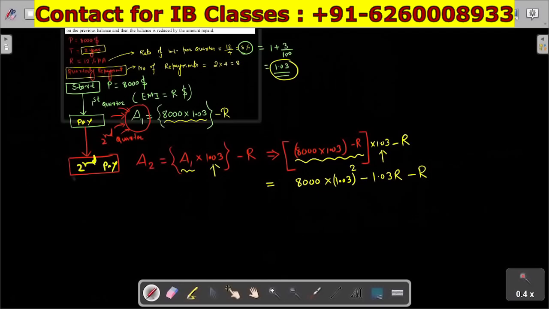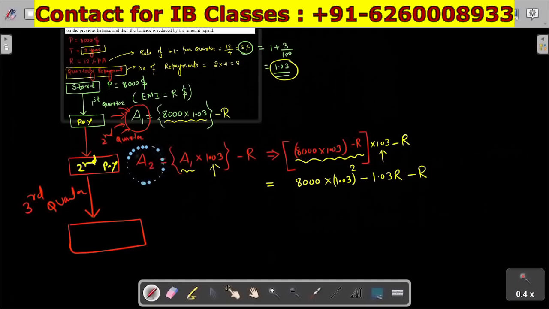Similarly, let's find out what will happen after the payment of the third quarter. After the second quarter payment, this A2 was my total due amount. So I have to pay interest on this A2 as well.